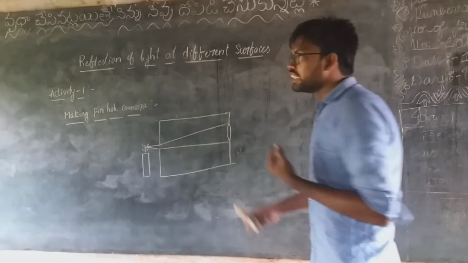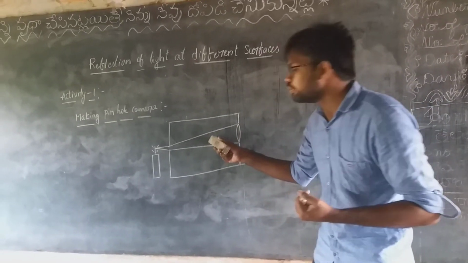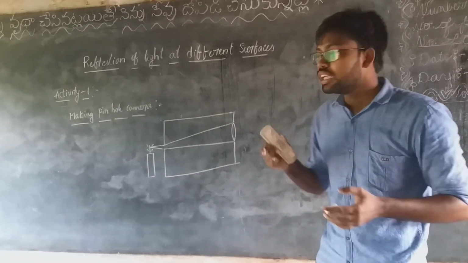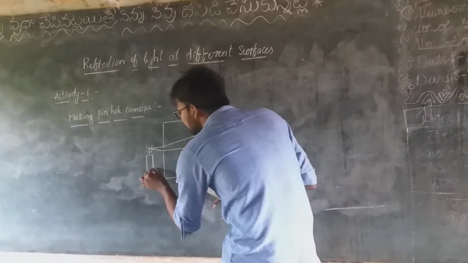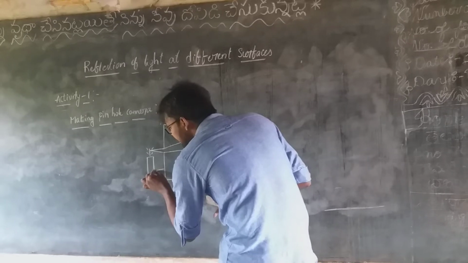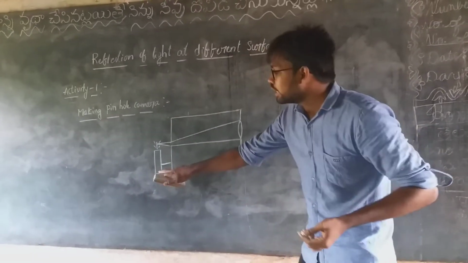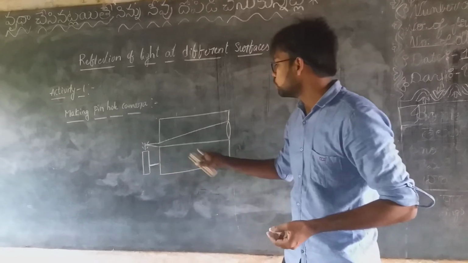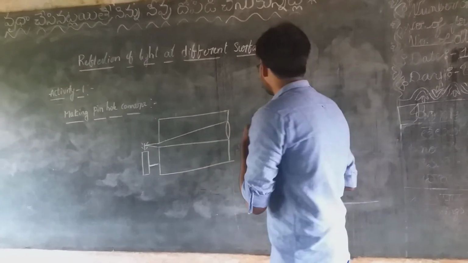Now if you want to get this image blurred, then decrease the distance between the candle and the plain sheet. I am writing the conditions here.